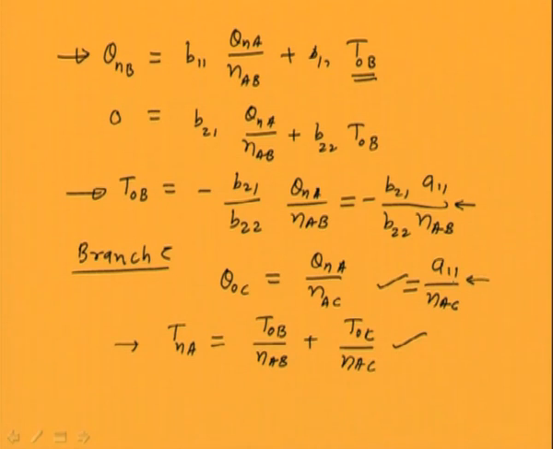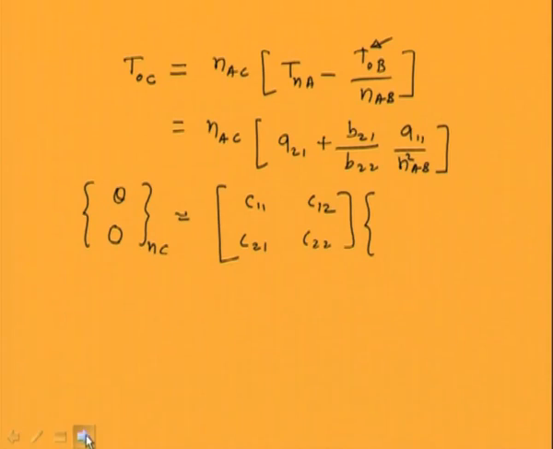So we will substitute this value directly there, A11 by NAC, and here theta naught C has an expression which we will substitute directly.